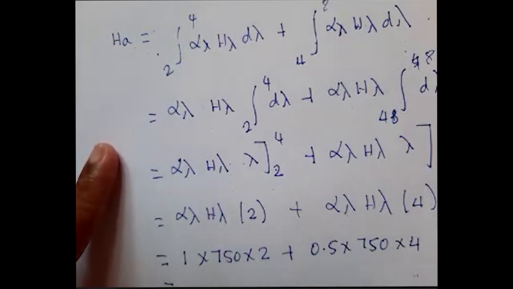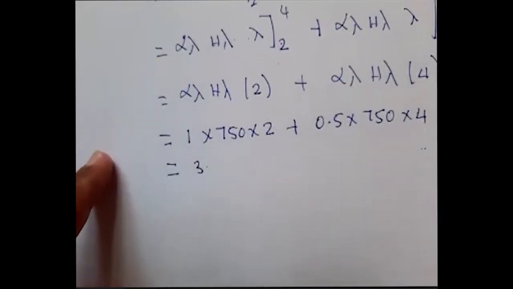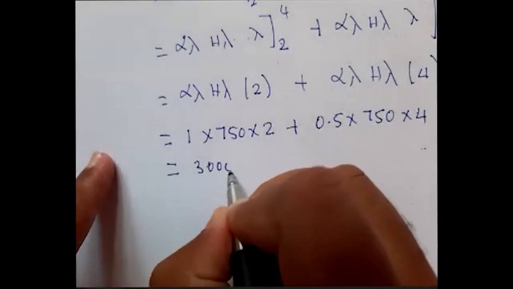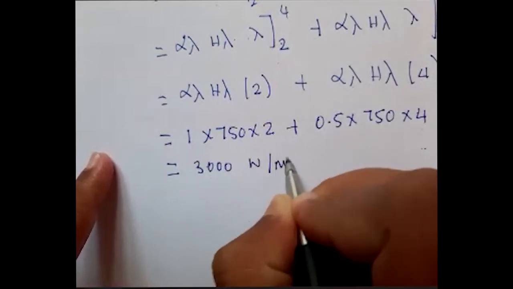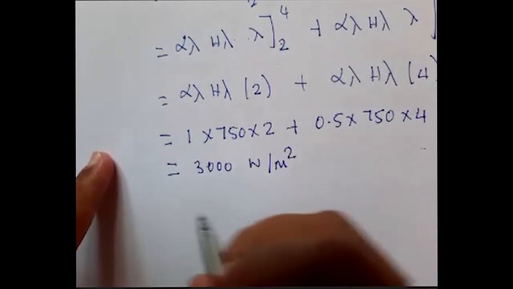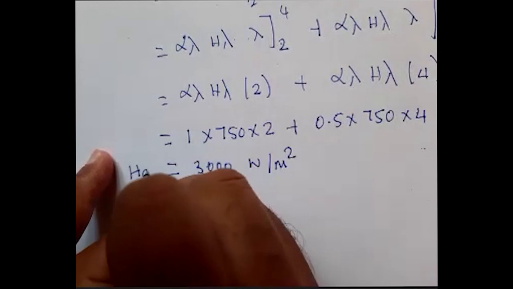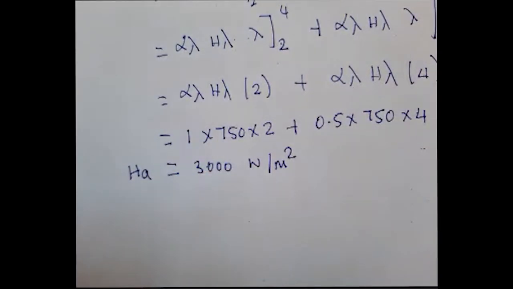This comes to around 3000 watt per meter square. That is the absorbed radiant heat flux.